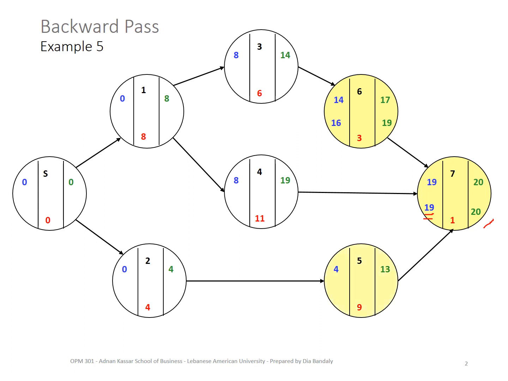For activity 5, it's the same scenario. It has only one succeeding node. Because 7 has a latest start of 19, I can allow activity 5 to finish at its latest by 19.